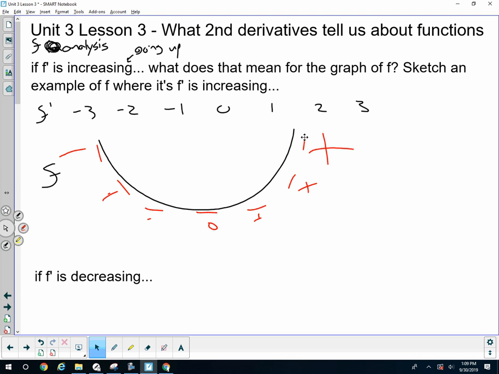When something is increasing, what does that mean? Recall last lesson. When something is increasing, what does that mean in terms of like calculus concepts? Go. In terms of calculus concepts, if something is increasing, what does that mean?